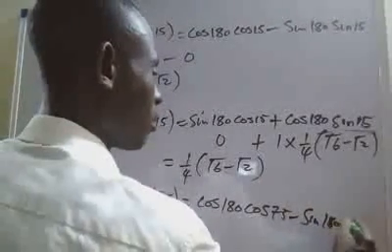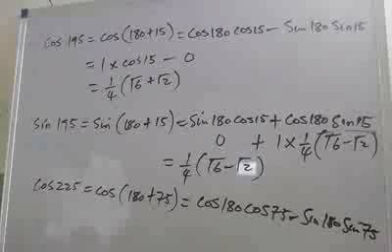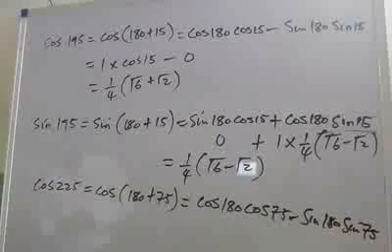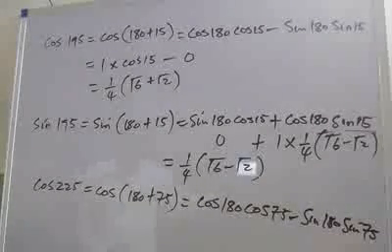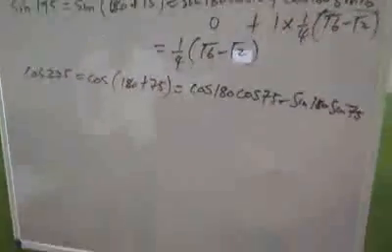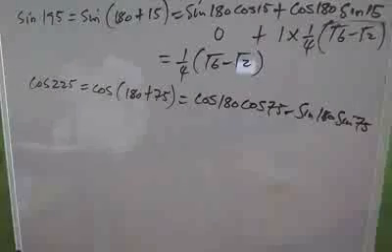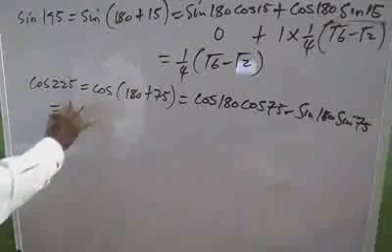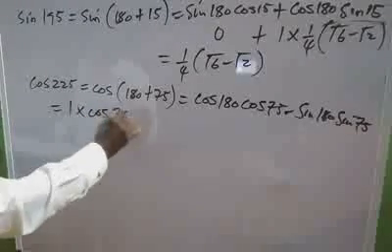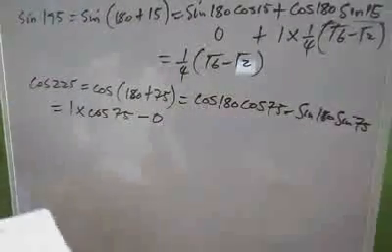We already know that sine 180 is 0, so we have cos 180 times cos 75 minus 0, because sine 180 is 0.